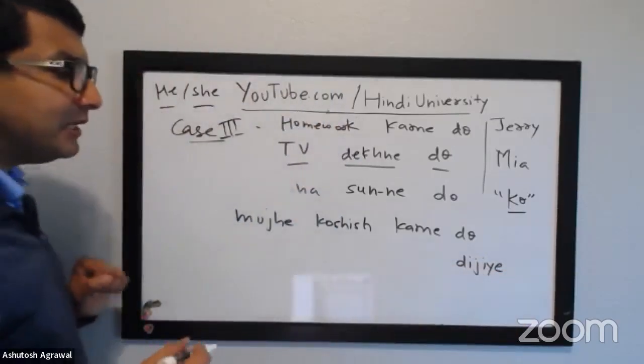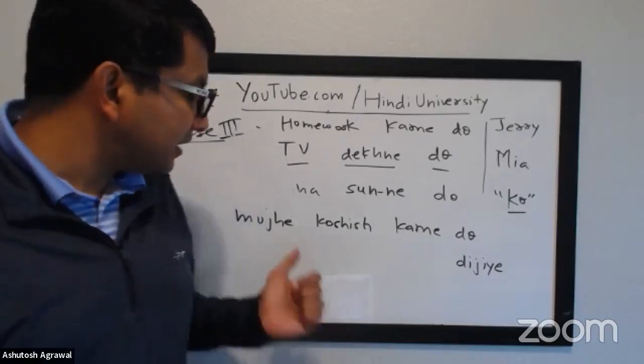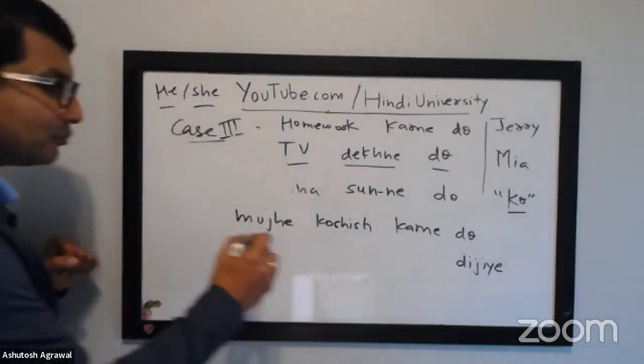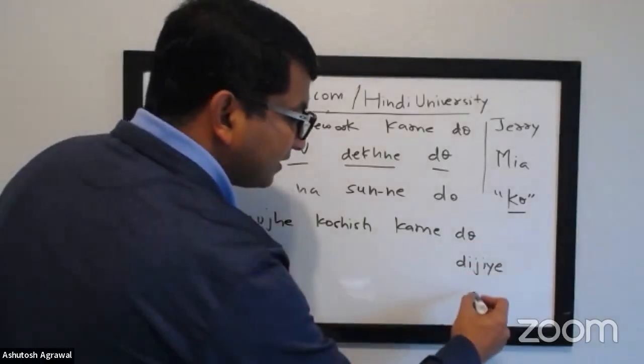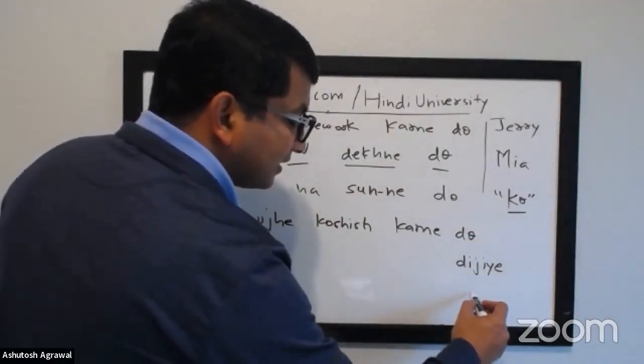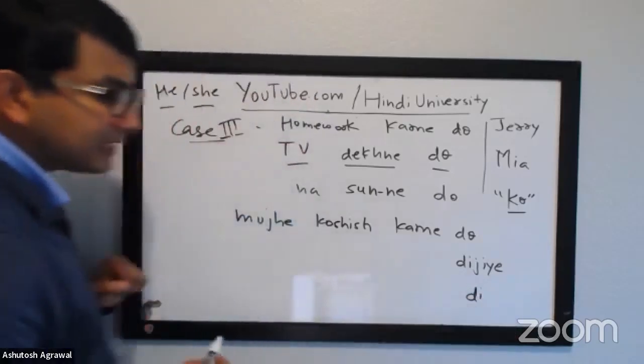Okay, if someone let you practice in the past, okay, teacher. So here is an interesting word. मुझे कोशिश करने. In the past it would be मुझे कोशिश करने दी. You can say that.